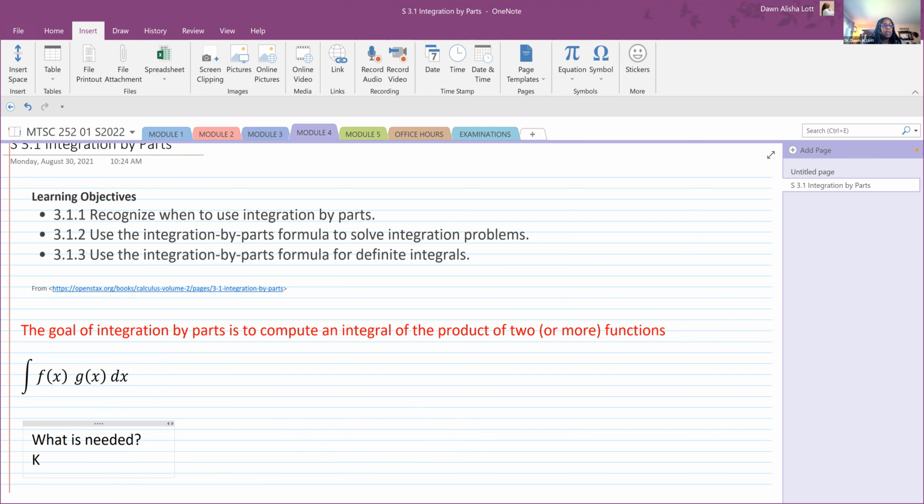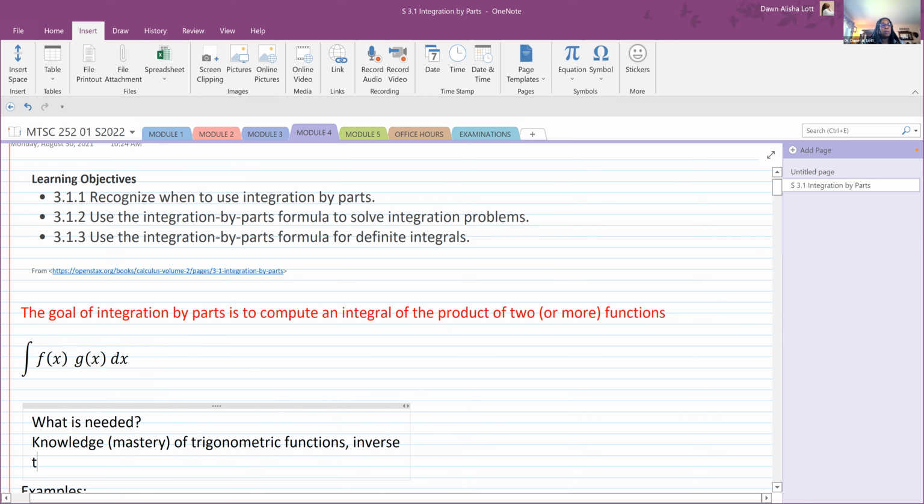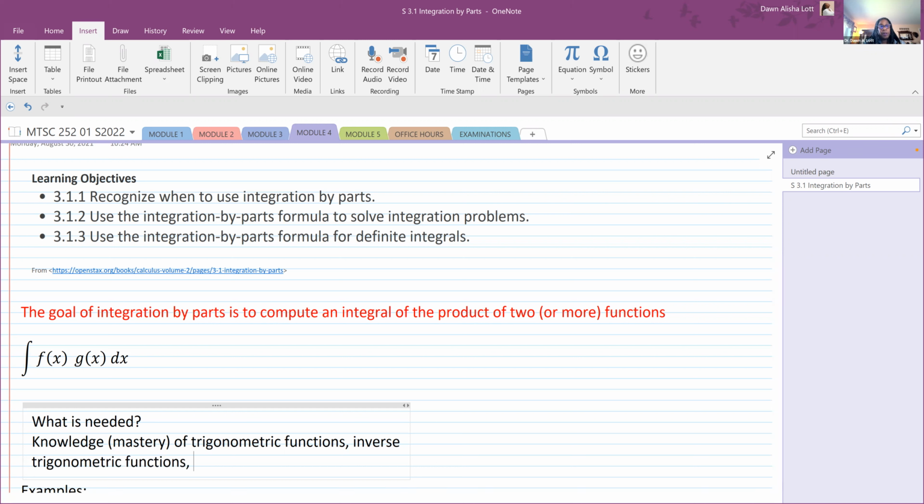Okay, so knowledge, or I should say, and I'm going to even say mastery, because you got to know it, of trigonometric functions, inverse trigonometric functions, exponentials.